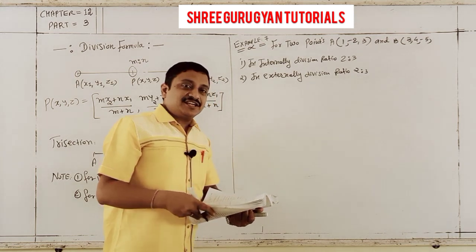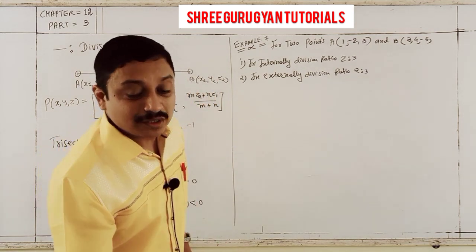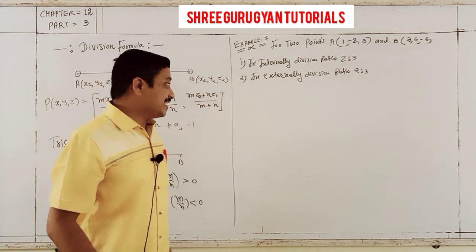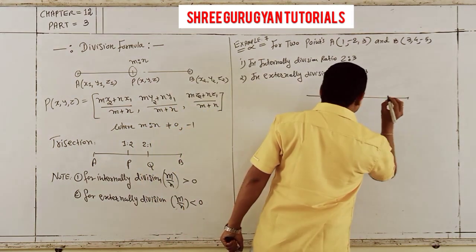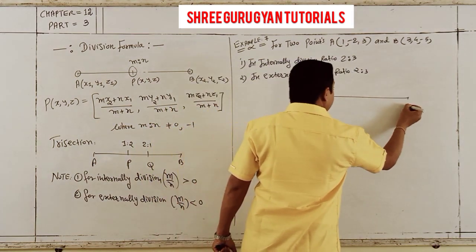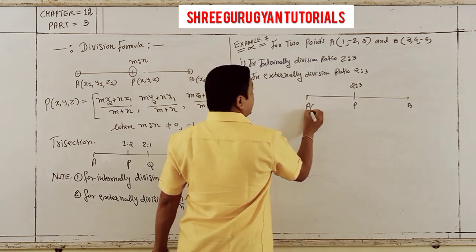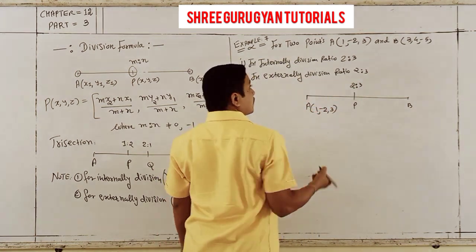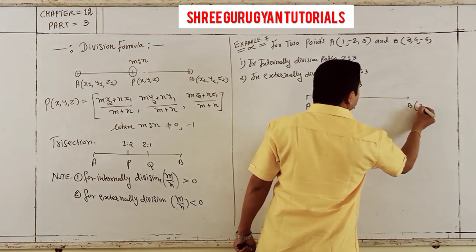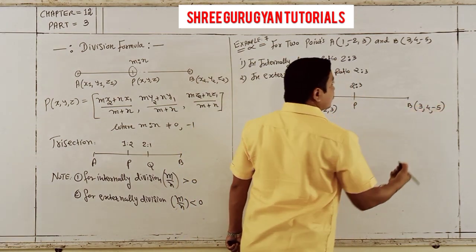Students, in external division we take it as negative, and I want the point that divides segment AB. First I explain internally, A to B. Here point P, and the ratio is taken as 2:3. A is (1, minus 2, 3) and B is (3, 4, minus 5).